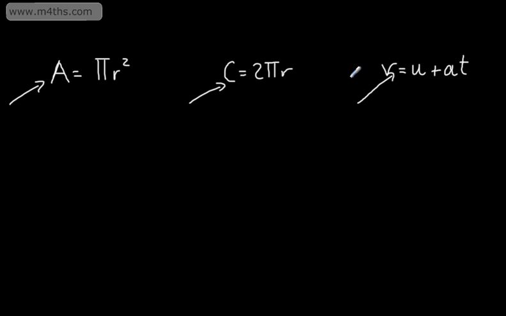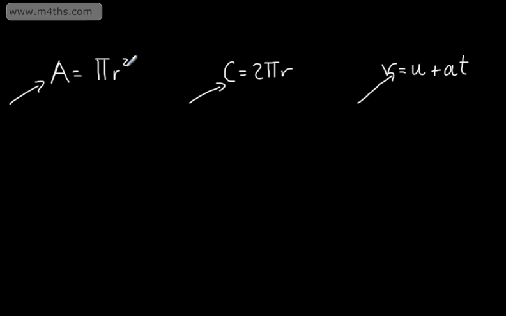We can rearrange the formulae to make any other variable the subject of that formula. So for example, now this one here, the area is expressed in terms of the radius. Pi, remember, is just a number. So let's say I wanted to make r the subject of this equation.